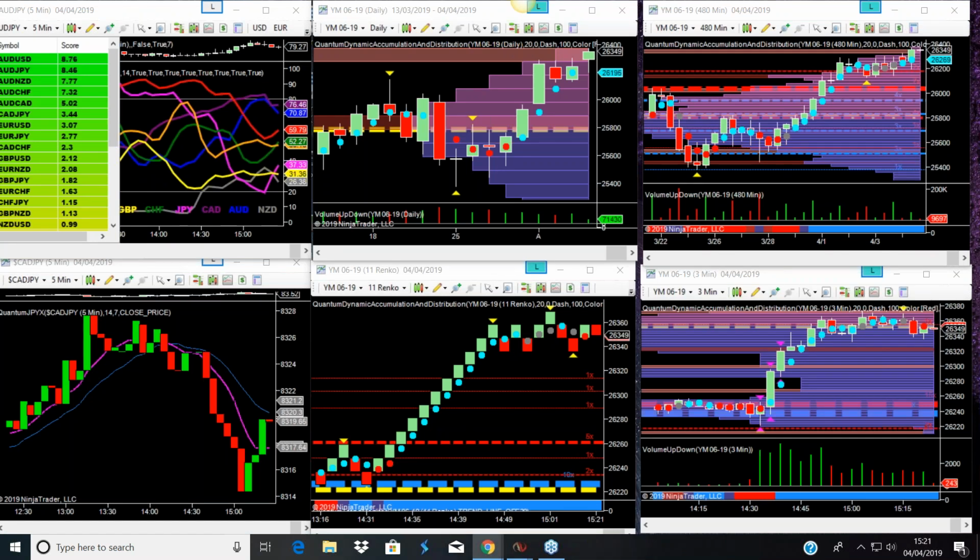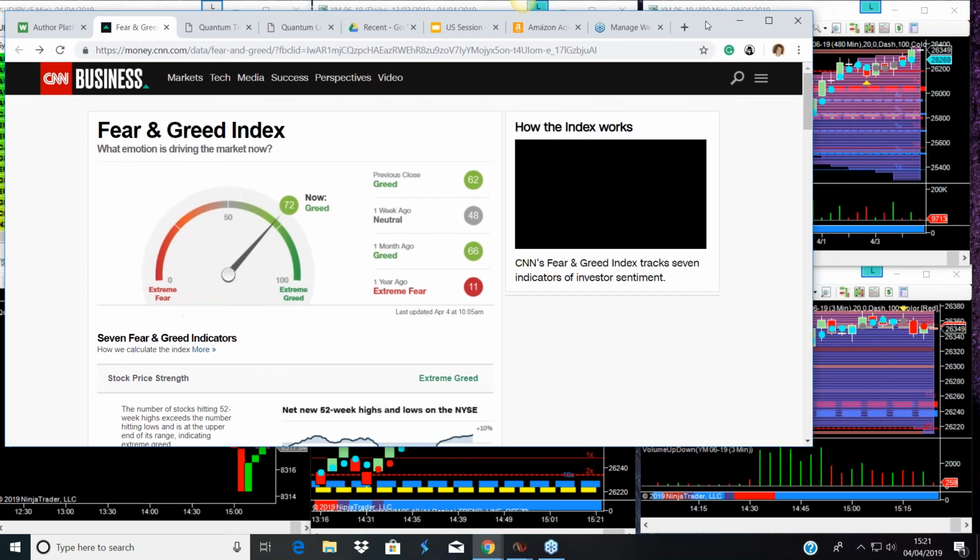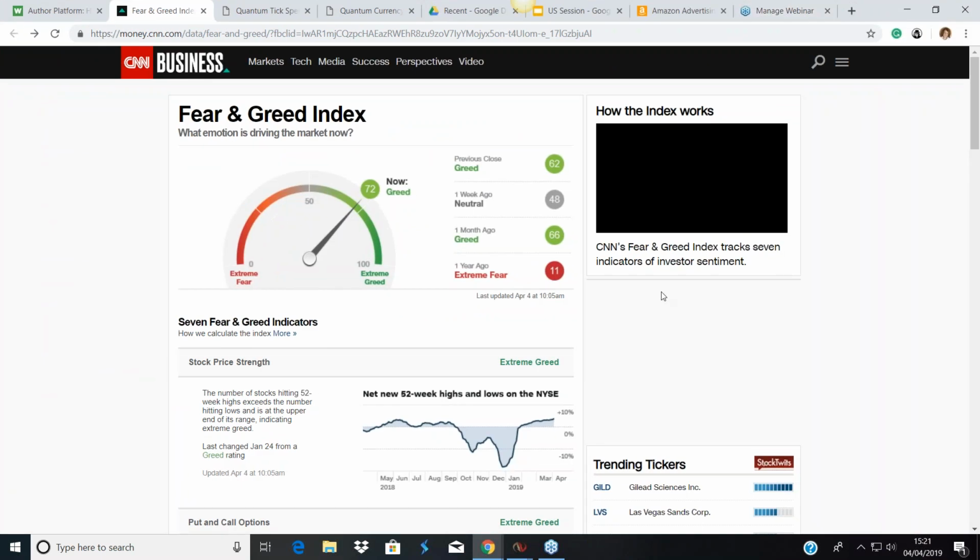I said earlier we have a look at sentiment. I think I introduced this to you a few weeks ago, but if it's your first time here, this is a really nice resource. I was introduced to it by a fellow trader, and it's called the Fear and Greed Index. If you refresh it, that little dial actually goes up and down.